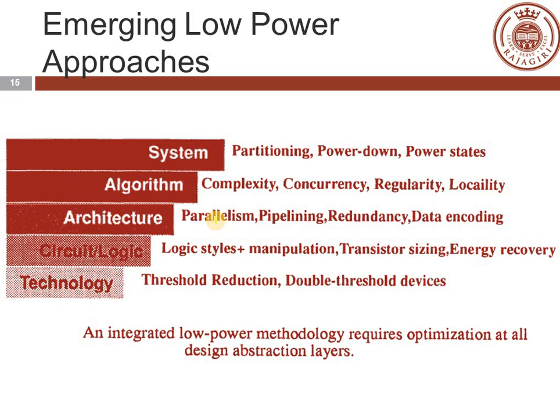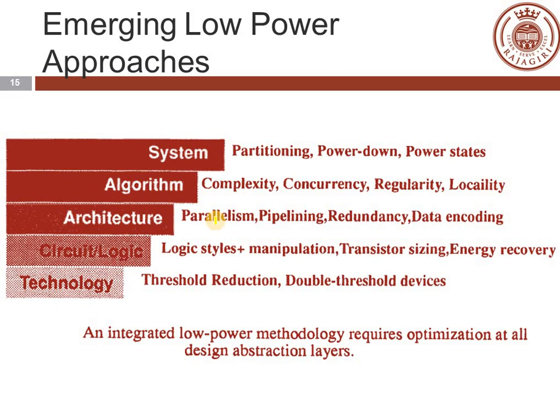And all these things are implemented using a particular technology, something like 14 nanometer technology or 28 nanometer technology, whatever technology we are going to use. In that technology node, we will be talking about threshold reduction or double threshold devices. So if you reduce the threshold, you can have low power consumption, but your operating frequency will be affected.